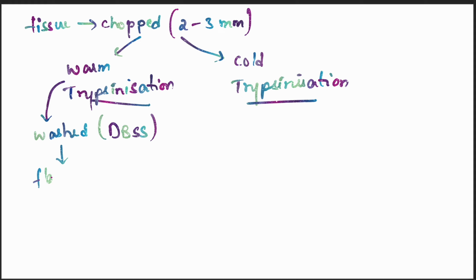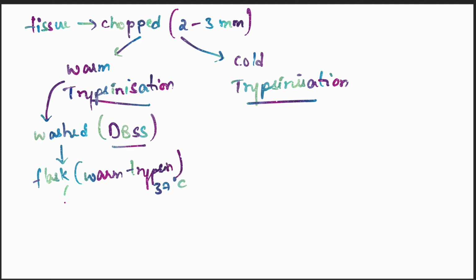This warm trypsin is maintained at a temperature of 37 degrees Celsius.